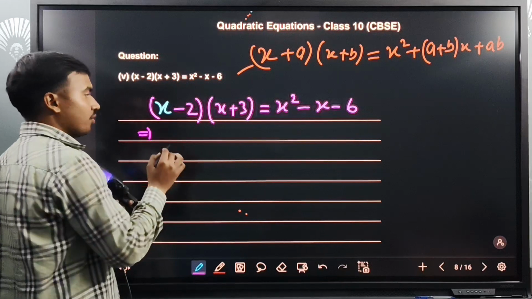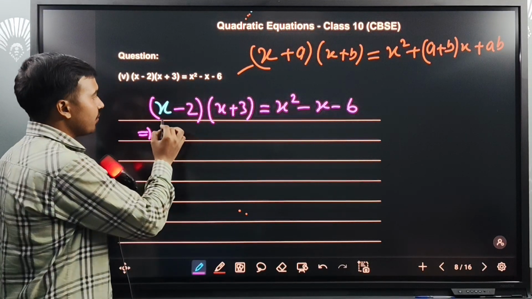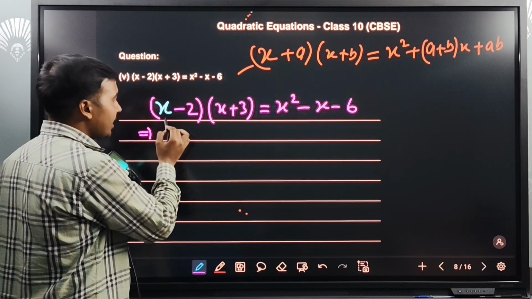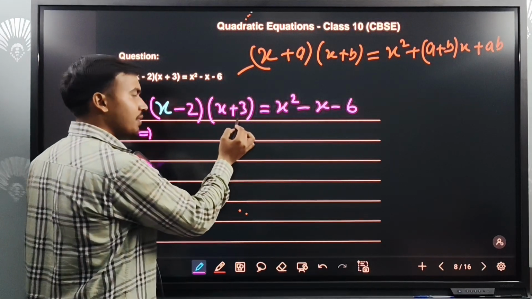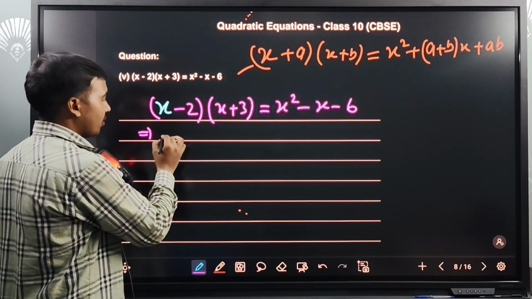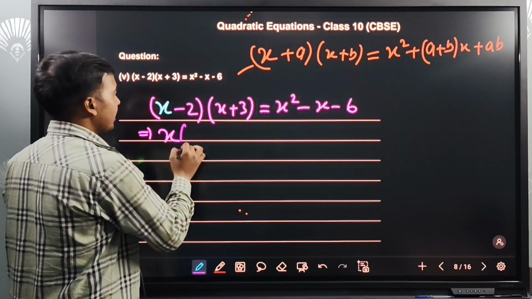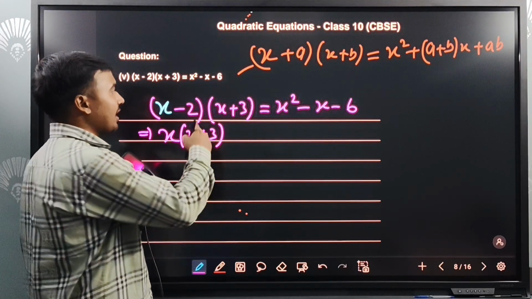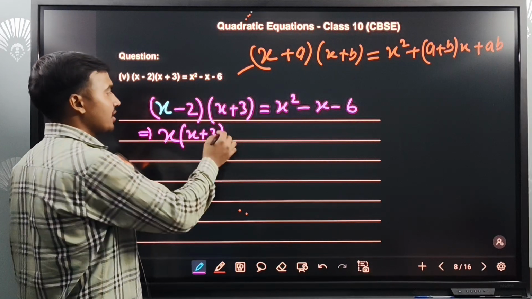For solving, first multiply x with the whole term x plus 3. On multiplying we will get x into x plus 3, and then we will multiply the whole term x plus 3 by minus 2.